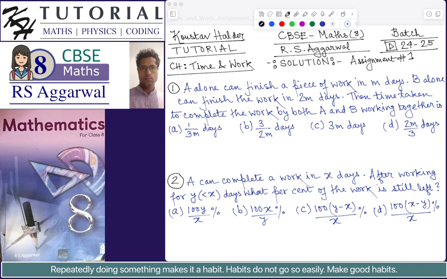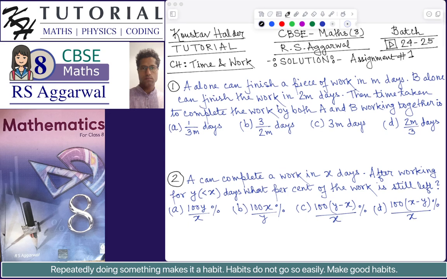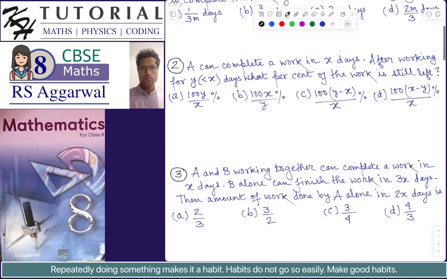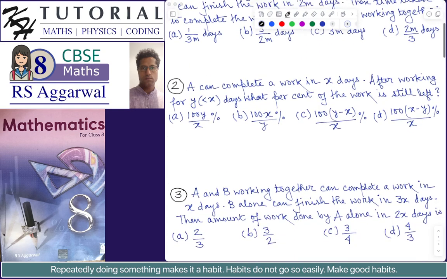Okay. So the first problem says that A alone can finish a piece of work in m days. B alone can finish the work in 2m days. Then the time taken to complete the work by both A and B working together is. Okay. So the space that I have kept for solving each problem is not that much.